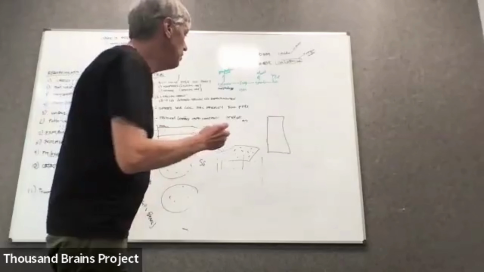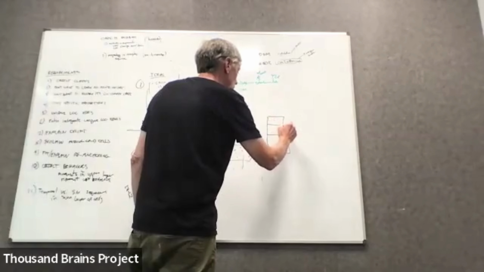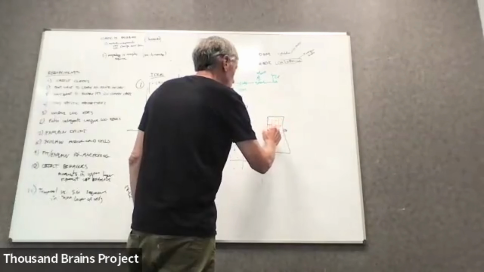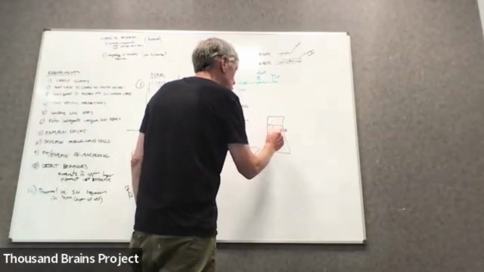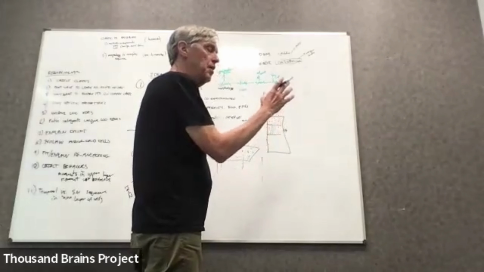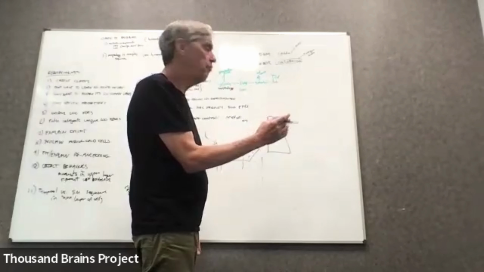So let's review, let's take a look at layer 4 here. Layer 4 is composed of mini columns, and those mini columns represent the same orientation of a feature. That's all they represent.